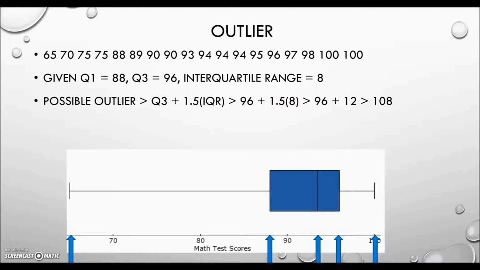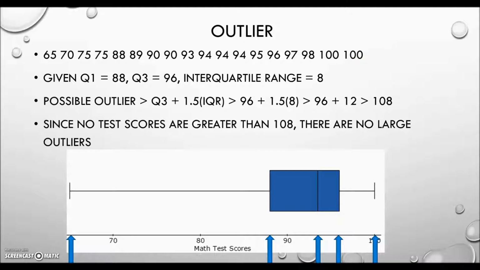We multiply that by 1.5. 1.5 times 8 gives us 12. We multiply before we add, and when we add, we end up with 108. It could be considered a possible outlier on the high end if we have a score greater than 108. Well, our largest score was 100, so there are no large outliers.